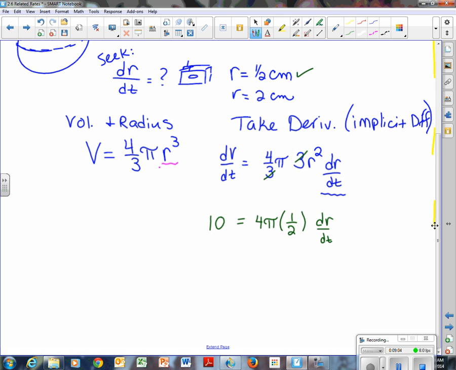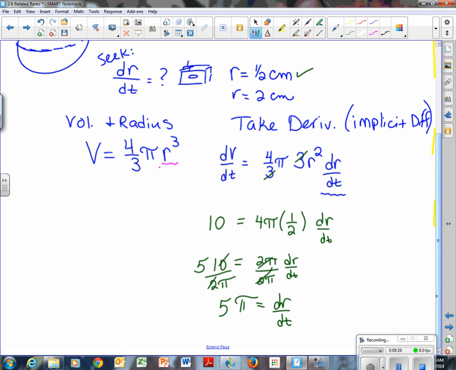Well, if I do a little bit of work, now we're just down into solving the final step. 1/2 of 4 is 2. We get 2 pi dr/dt. And let's solve for dr/dt by dividing by 2 pi. And we will get an answer of 5/pi equals dr/dt.